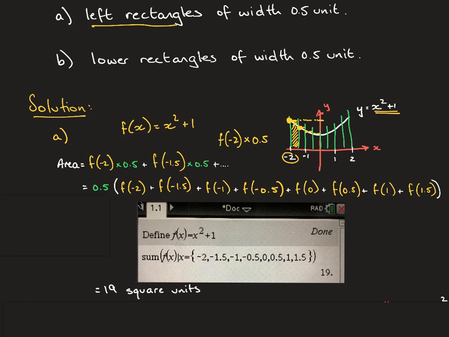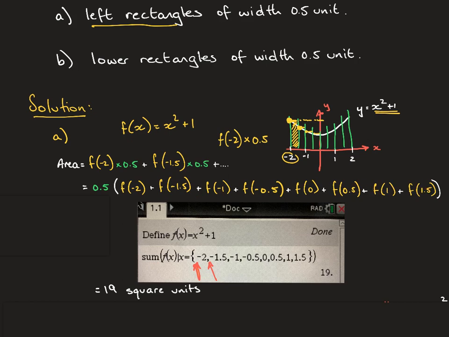So you'll notice that I've got the curved brackets for the set of values, and I have a comma in between each one. And what the CAS calculator will do is substitute each of these numbers into f of x one at a time, and it will find the sum of them. So it's literally going to do this for me.